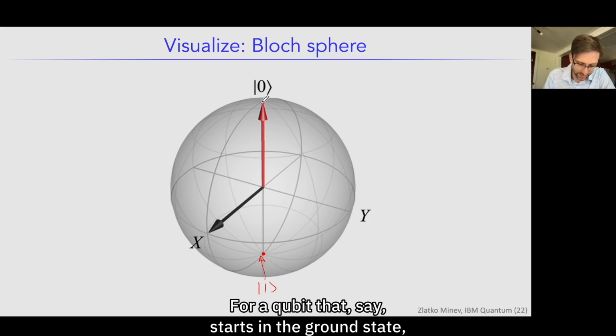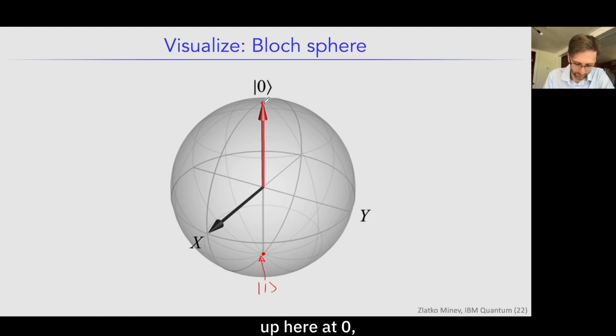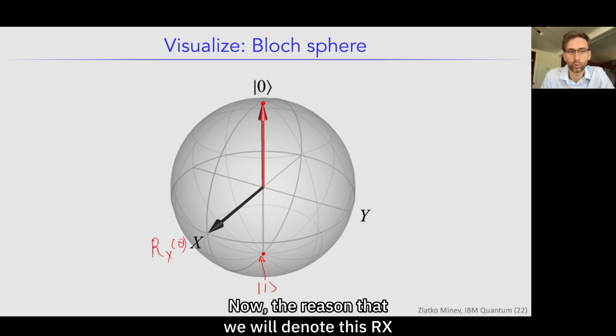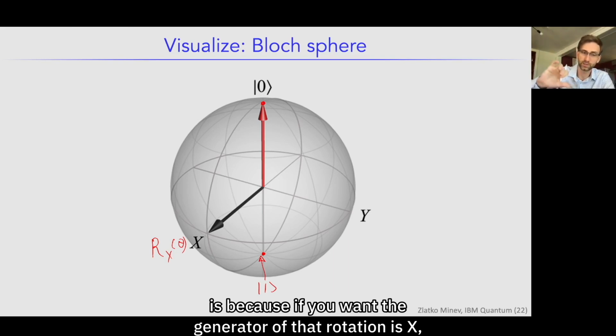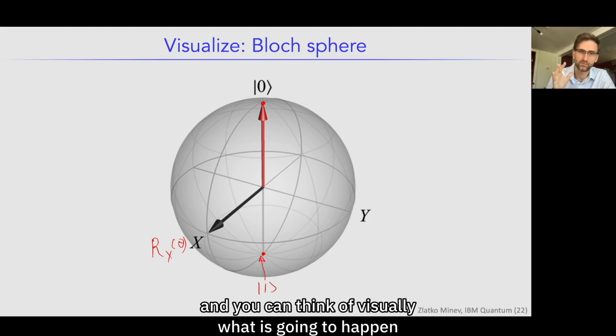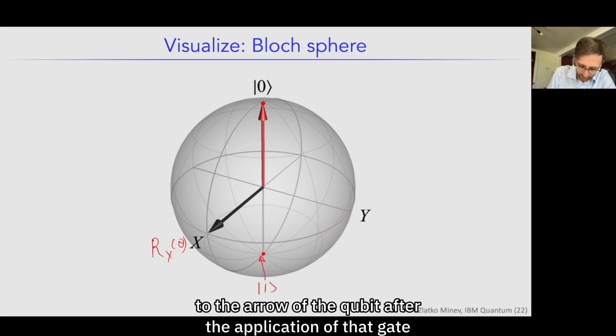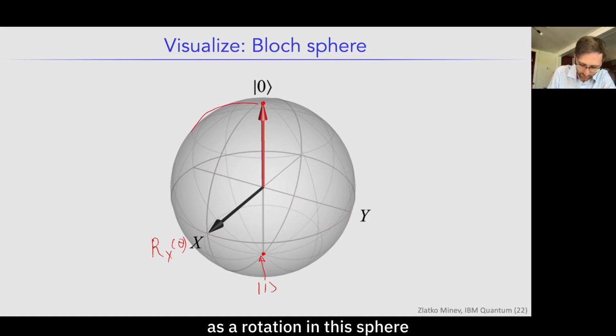For a qubit that, say, starts in the ground state up here at 0, we will now apply a rotation R sub x of an angle theta. Now, the reason that we denote this R sub x as a rotation around x is because the generator of that rotation is X. And you can think visually of what is going to happen to the arrow of the qubit after the application of that gate as a rotation in this sphere around the x-axis.